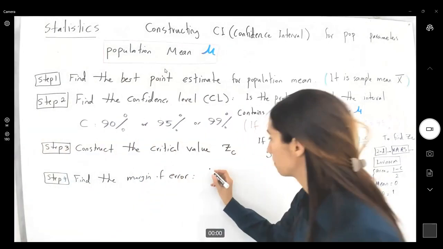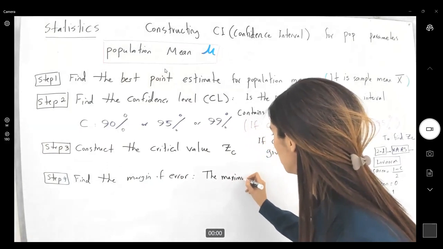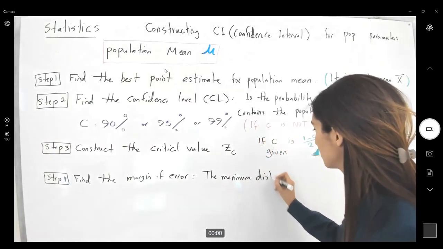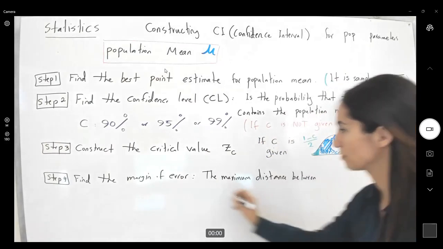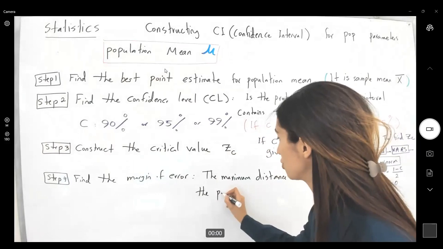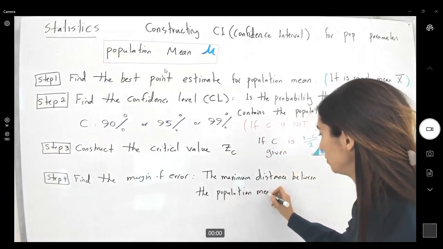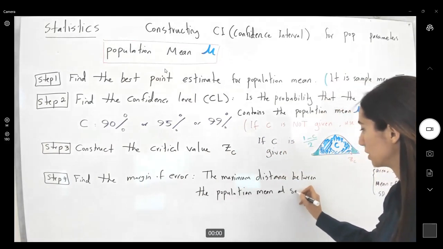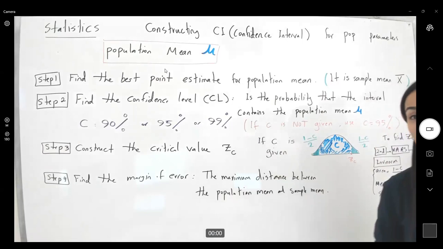The maximum distance between the population parameter, in this case, population mean and sample mean. Remember that one sample doesn't give you an accurate population parameter.